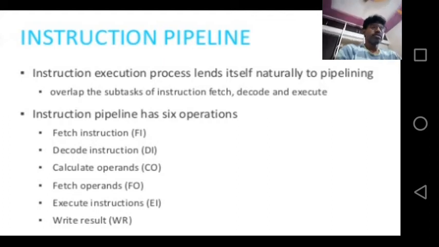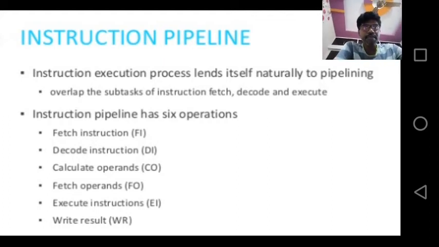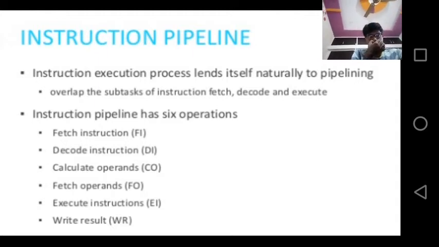Now the instruction execution process lends itself naturally to pipeline. See, instruction execution has these steps. These should fit for pipeline. All the processes will not fit for pipeline.